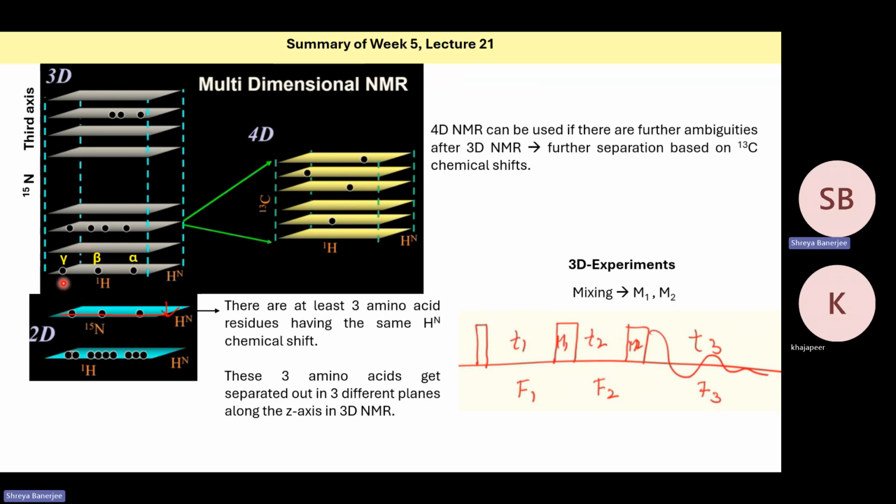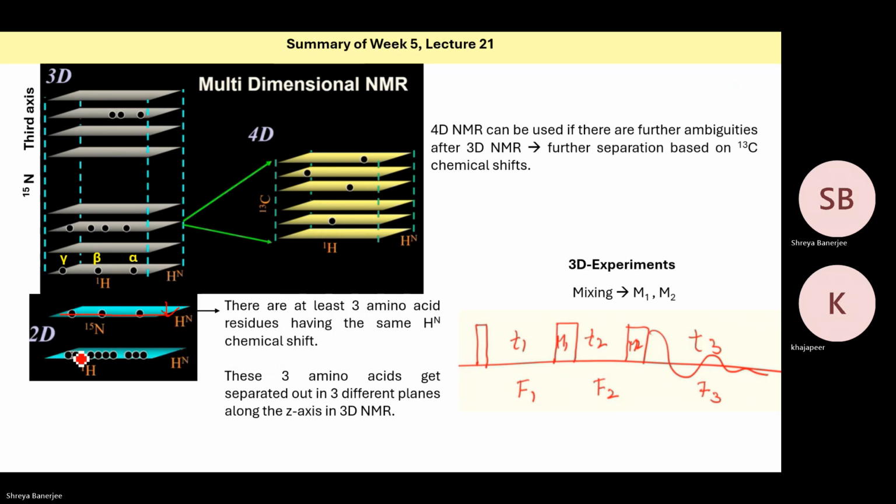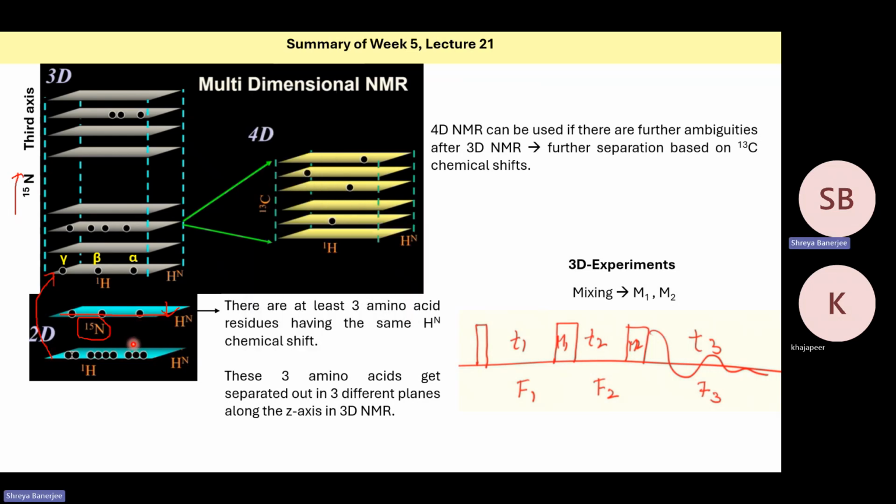In the 3-dimensional spectra, this plane forms the plane here, which is 1H versus the amide nitrogen, and the 15N of the other 2D spectra forms the third axis, or the Z axis. So two 2D spectra combined give you a 3D spectra.